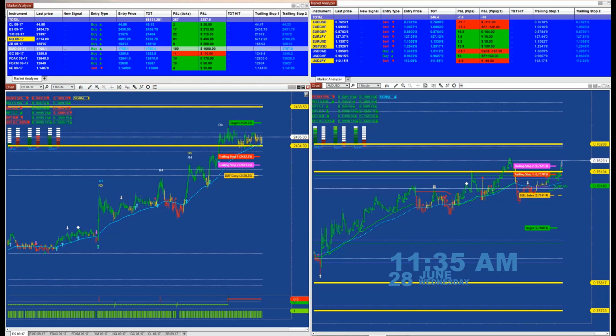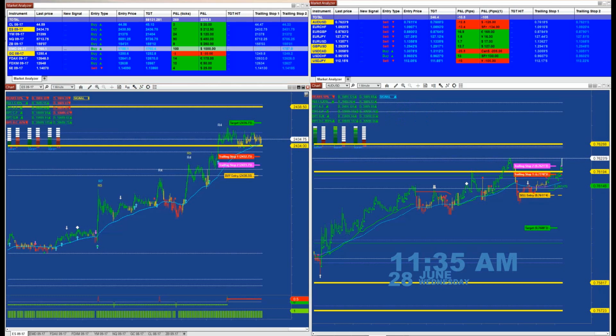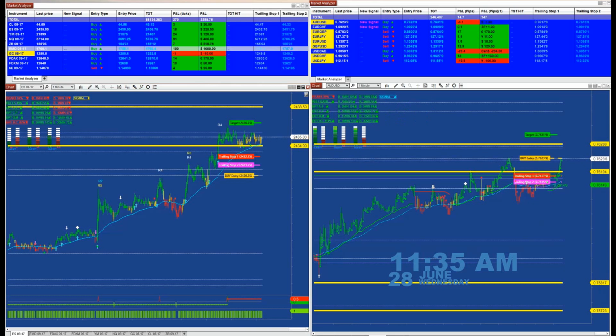Today, this is the NT8 automated swing trading. On the automated swing trading on NT8 right now, we have 270 ticks in total. You can do it fully automated, or you can use an ATM strategy.